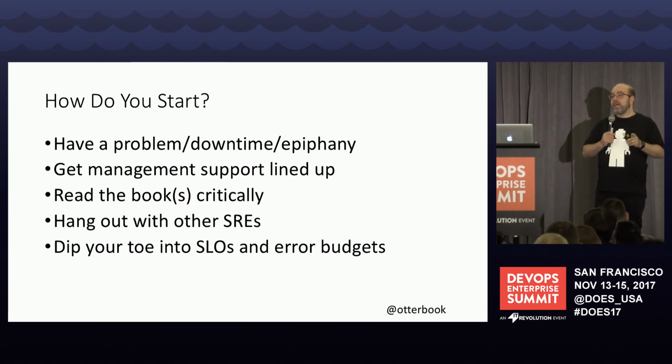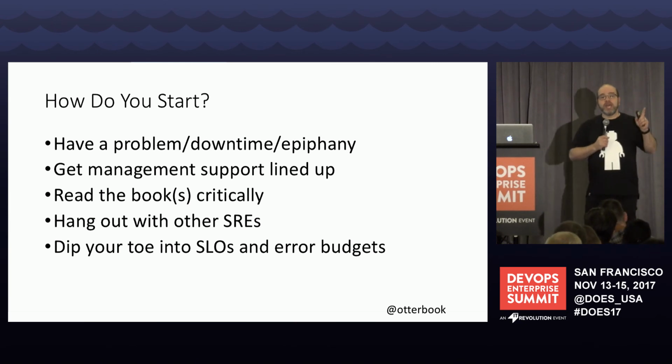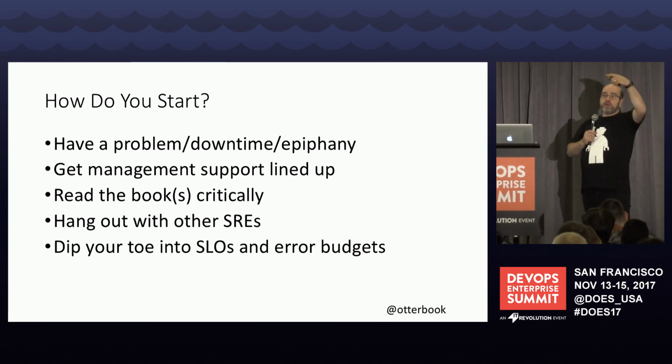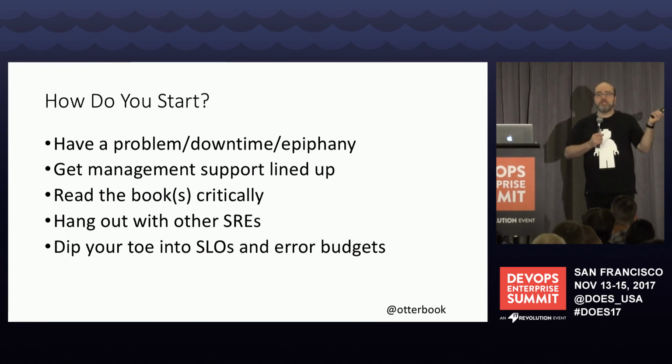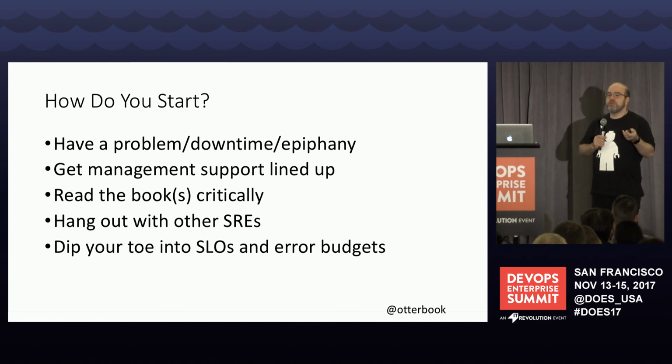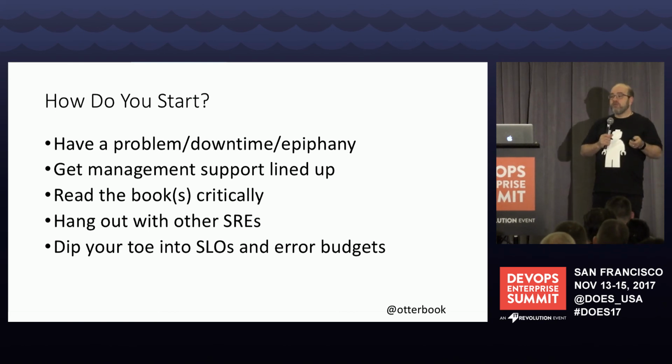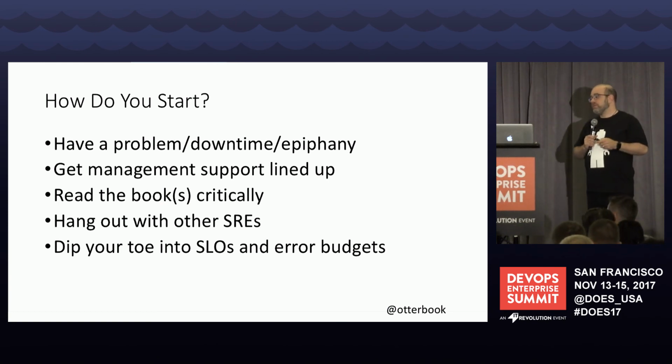Once you've done that, put it in a monitoring system, and then pretend you have an error budget that means something. You could go ahead and make it true from the beginning, but just pretend it's really true. It's something that you care about. And then see, how well did we do this quarter on that sort of thing? That will give you some idea of how you're going to feel about it when you actually do it for real. So I think playing with that sort of stuff is a good start.